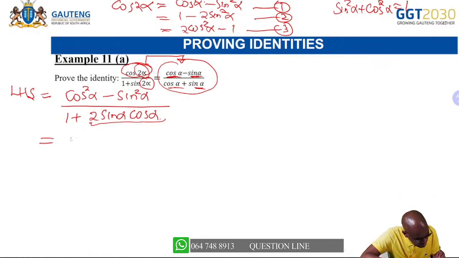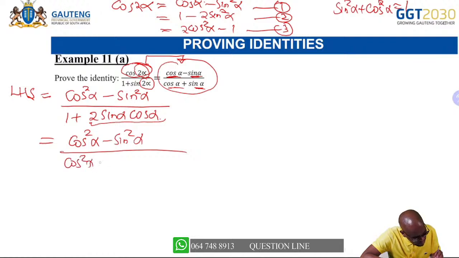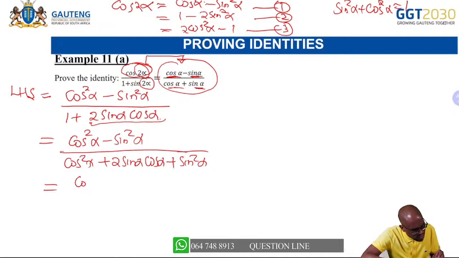So we'll write the numerator as the cosine squared of alpha minus the sine squared of alpha. This will help us if I write the denominator as the cosine squared of alpha plus 2 sine alpha cos alpha plus the sine squared of alpha. I can now factorize the numerator.